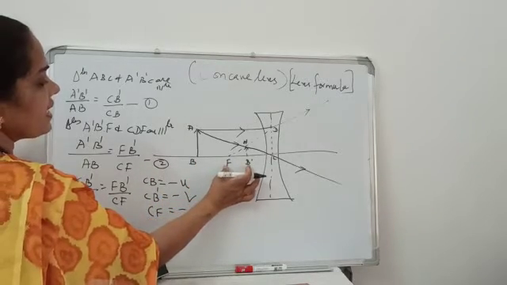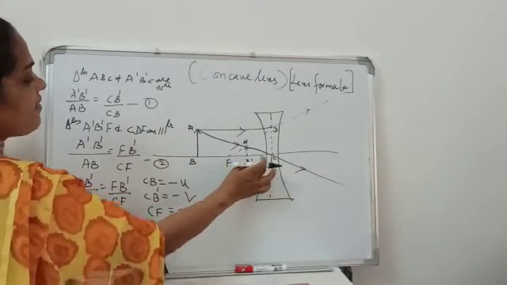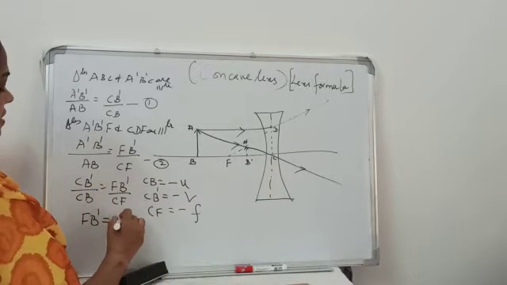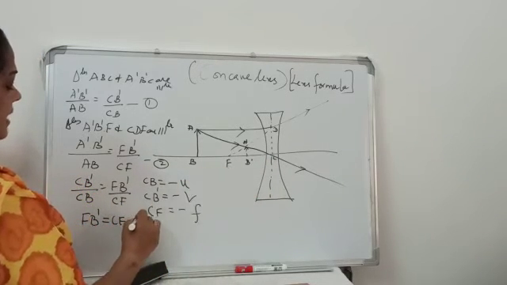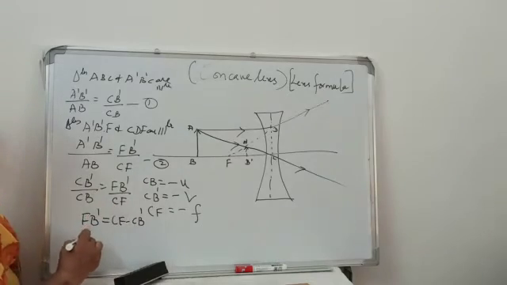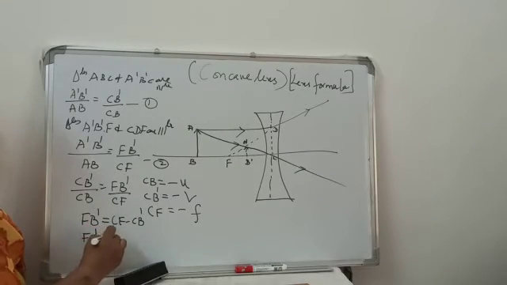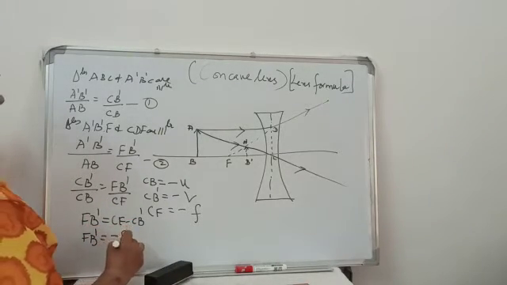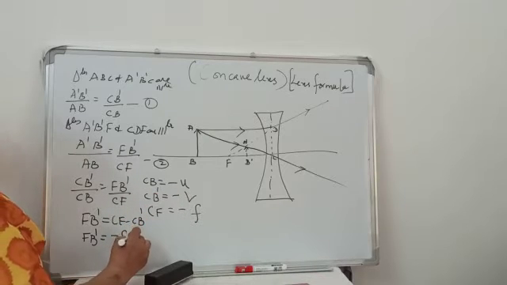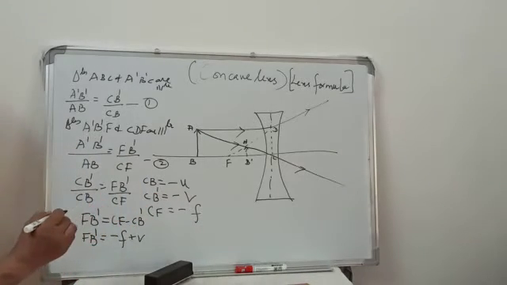So, from this figure, FB dash is equal to CF minus CB dash. Or FB dash will be equal to CF is minus F, CB dash is minus V, so we get it as plus V.